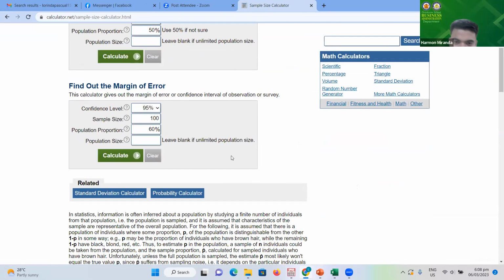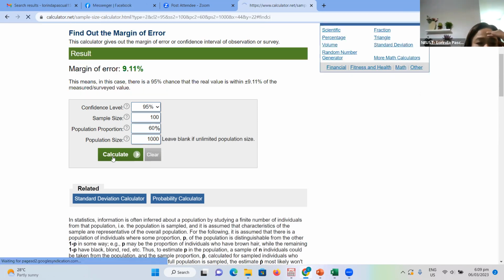So, for example, here that we have 1,000 population size. Kunwari 1,000 yung population size natin, and then here you will find out the margin of error. If you have a population size of 1,000 and you only have 100, ikaw namili ka. Gusto ko 100 lang. Tingnan natin yung error. What will happen to the error? Ayun, ang taas ng error, 9.11%.